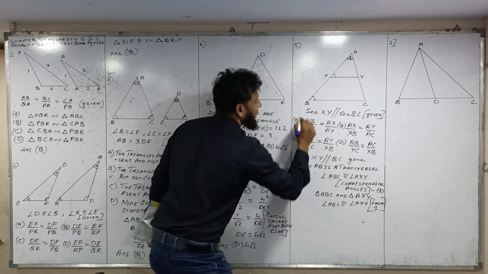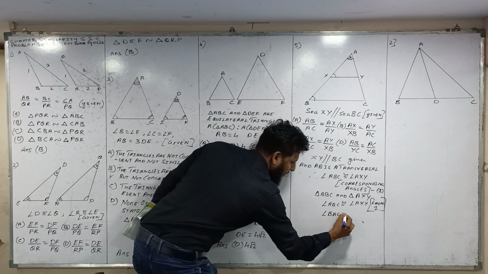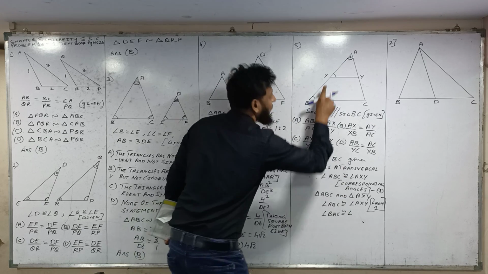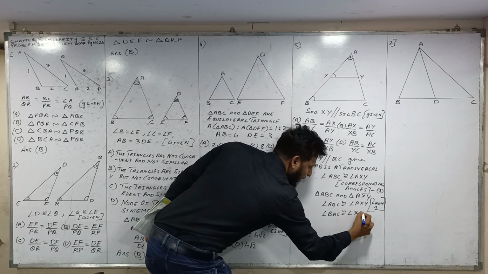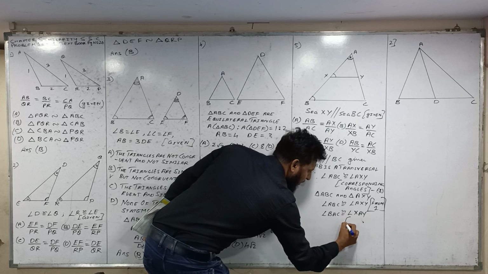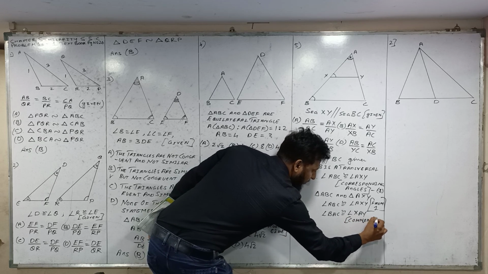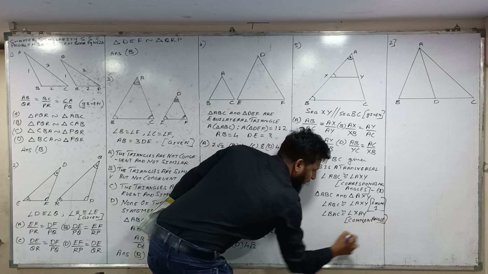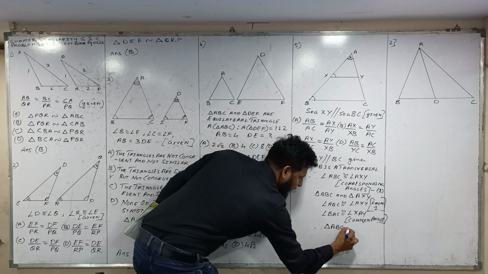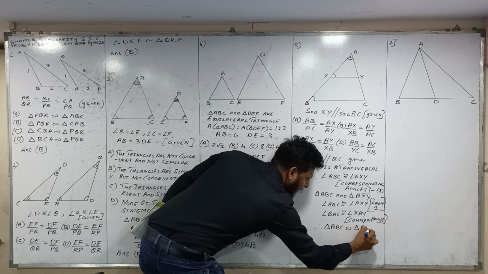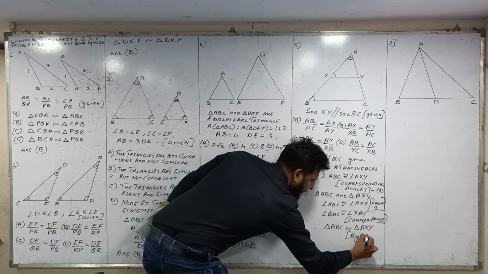So for this triangle, angle BAC is congruent to angle XAY, common angle. Therefore triangle ABC is similar to triangle AXY by AA test.